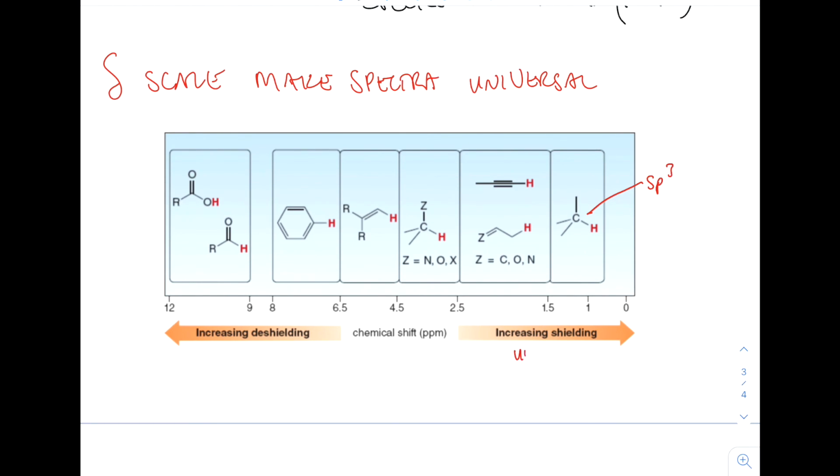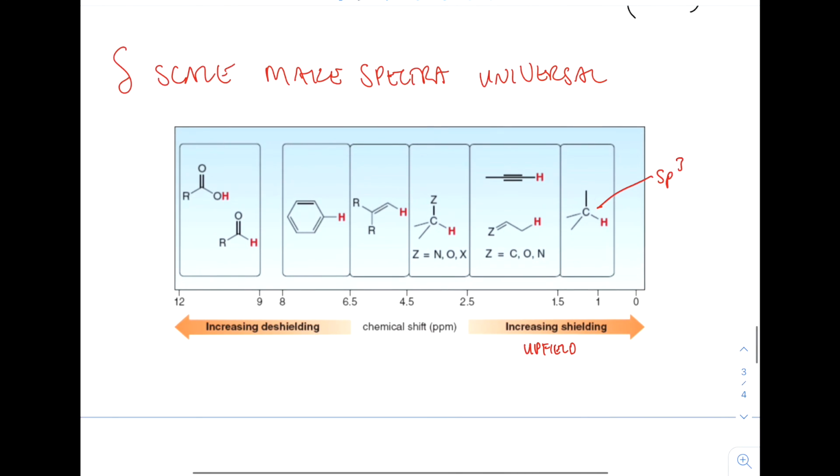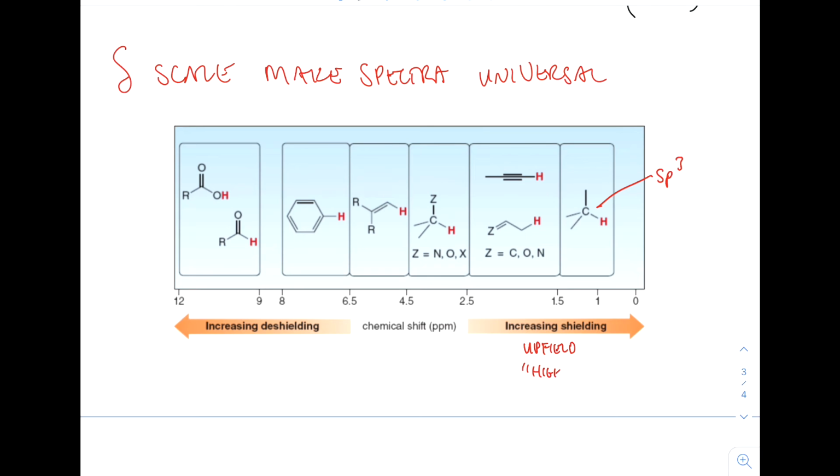Remember, this was called upfield, and the way we might discuss this proton is we would say that it would absorb at higher fields. Okay, and so the protons on the sp2 hybridized carbons absorb at a little bit lower fields, and then the protons bonded to electronegative atoms absorb at even lower fields.